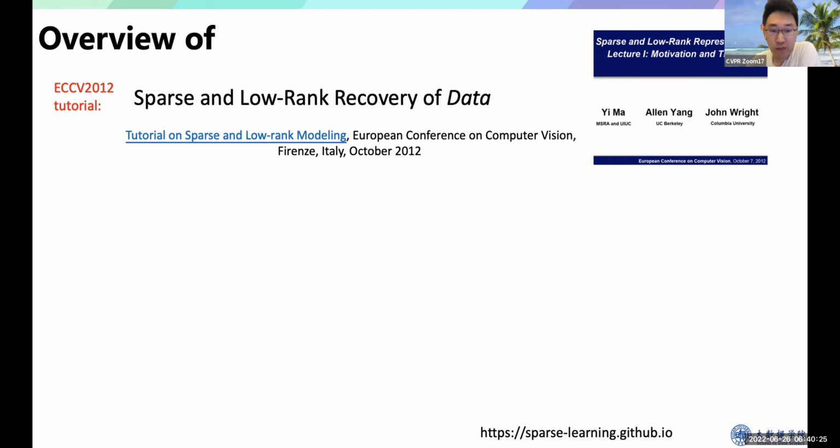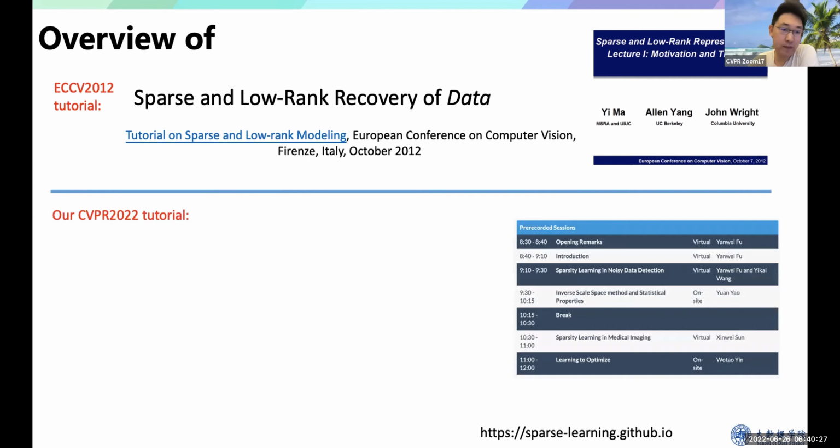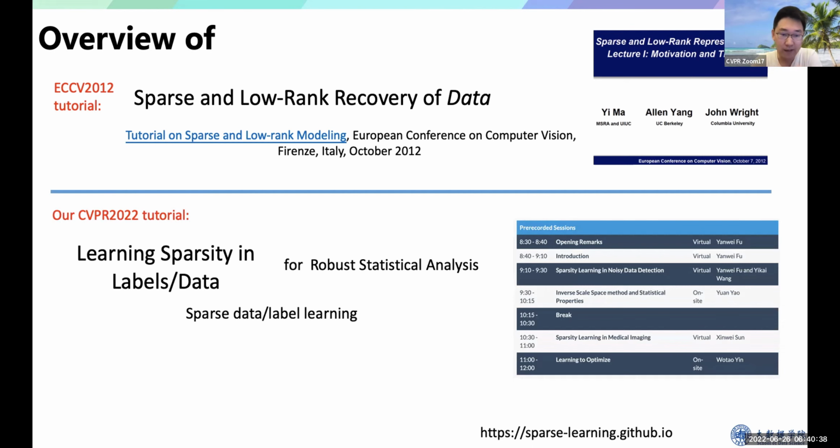Compared with that tutorial, our CVPR tutorial is more focused on learning sparsity in labels and data, which is good for robust statistical analysis, and also learning sparsity in deep models, which could produce compressive neural networks.